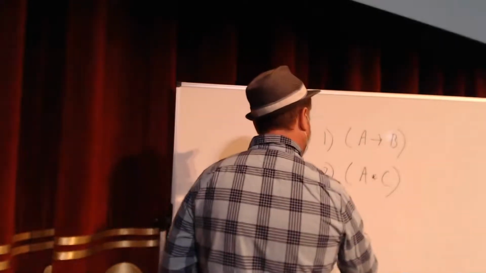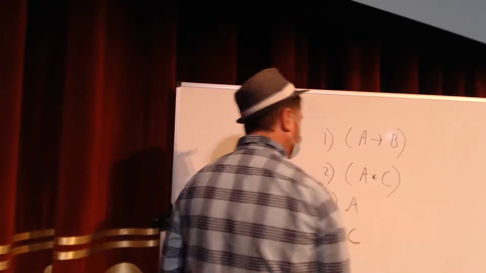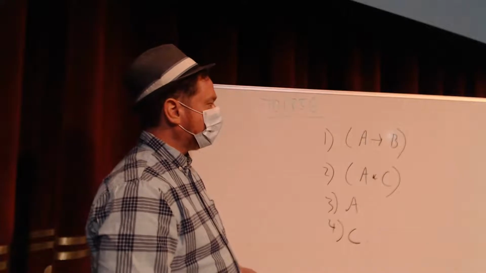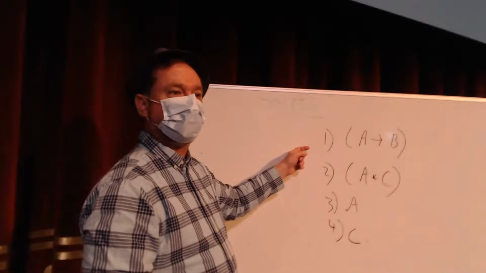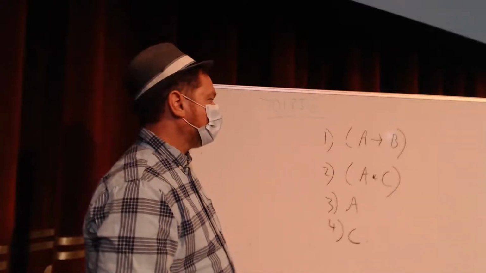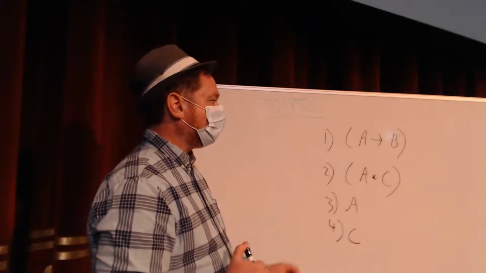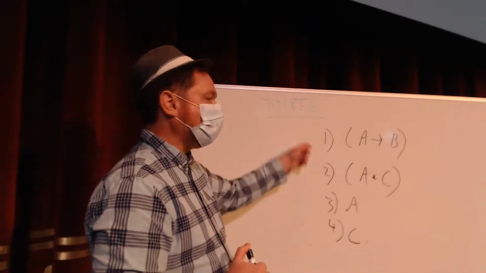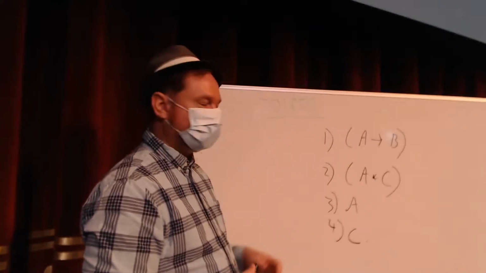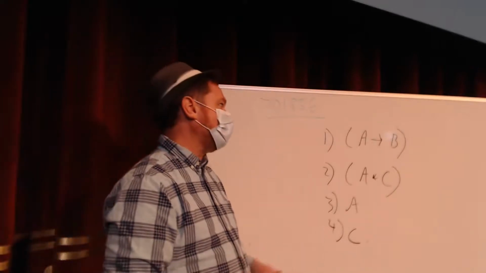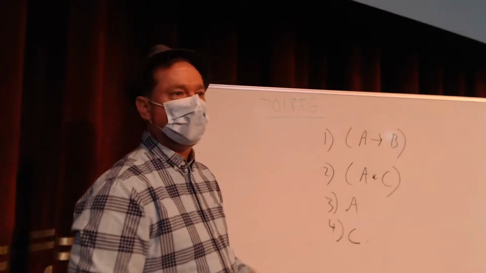Number 2 will give me statements 3 and 4. I can get A and I can get C. But then I would have to remember to go back yet again and try the I rule again. So logically, using the S rule first will more often get you the component that you need. Whereas if you start with the I rule, you might risk not going back and trying the I rule again. Although if you wanted to do the I rule first, you could, as long as you kept going back every time you found a new line to use.